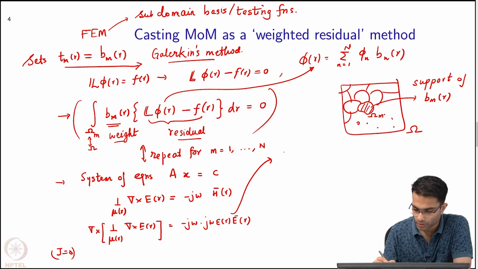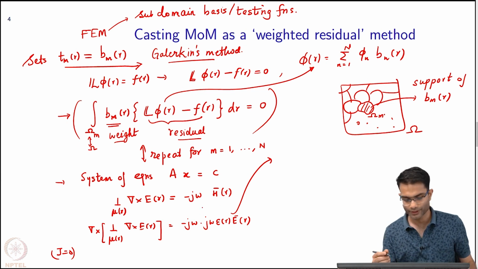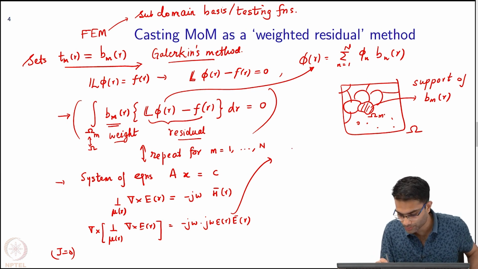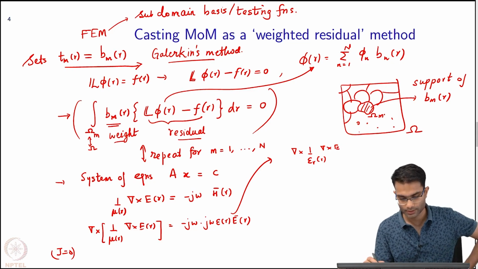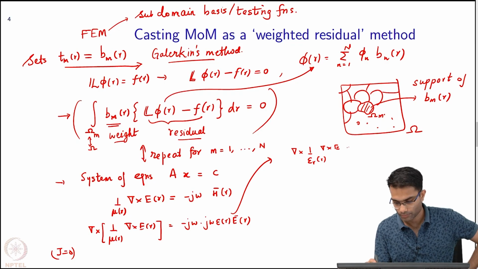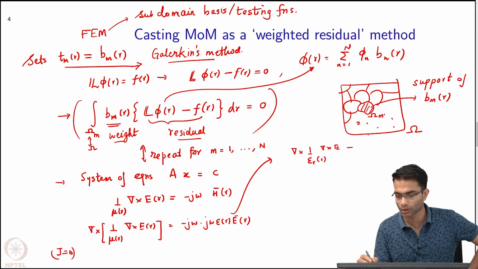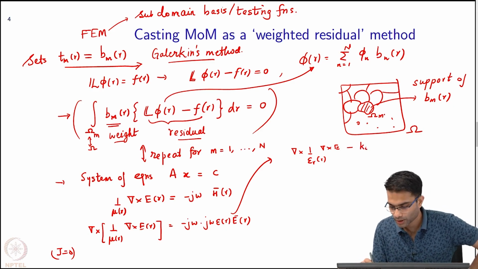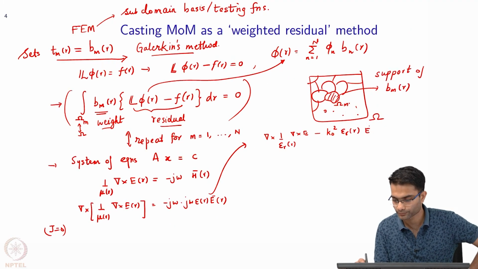So, this whole thing can be simplified as del cross 1 by mu r, del cross E, equal to minus omega squared epsilon naught mu naught, all of which simply becomes k naught squared epsilon r E, with the relative permittivity.